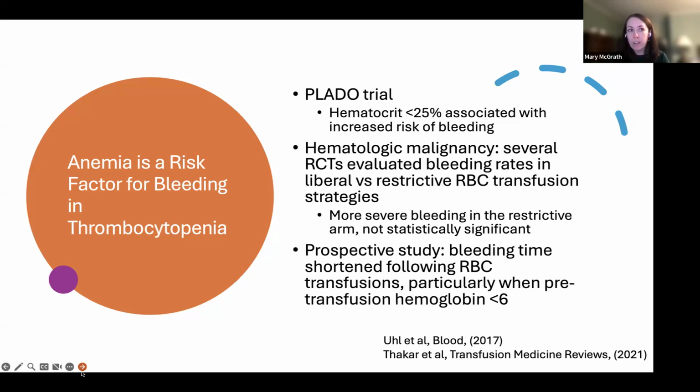Her hematocrit, however, was around 17 at time of presentation, and since initiation of immunosuppressive therapy, the majority of the time it's been above 25, without PRBC transfusions, and we have seen an improvement in her epistaxis without too much other intervention. So, well, besides the frequent platelet transfusions, but potentially the higher hematocrit is also helping a little bit with her bleed control.